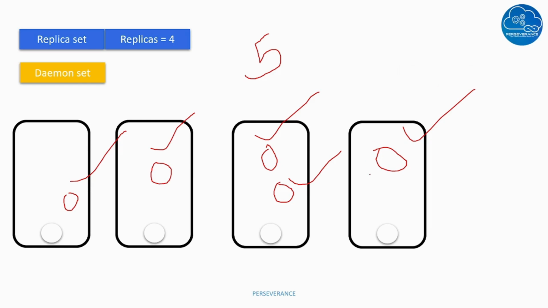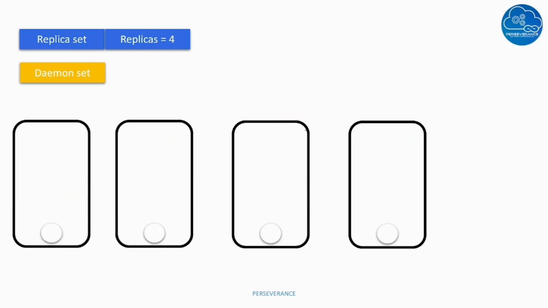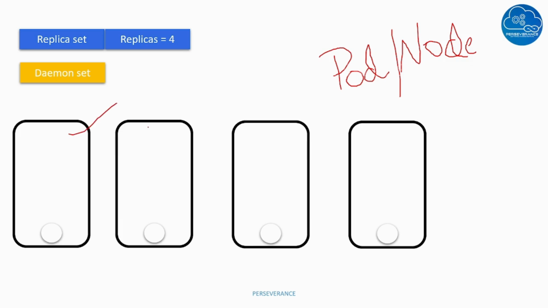But when we talk about daemon set, let me explain with a very simple formula: pod per node. If you need to run applications like a monitoring application, you need to monitor every worker node and collect metrics or any other data from every worker node.